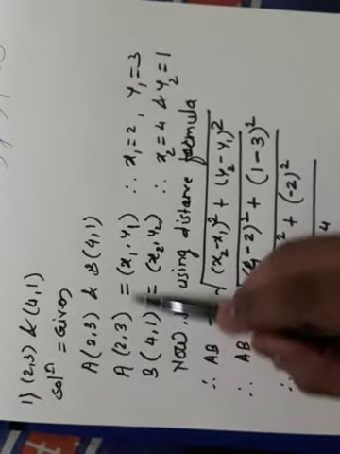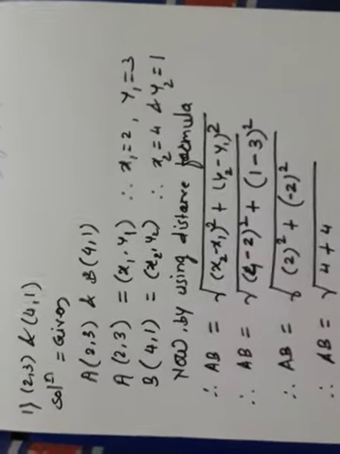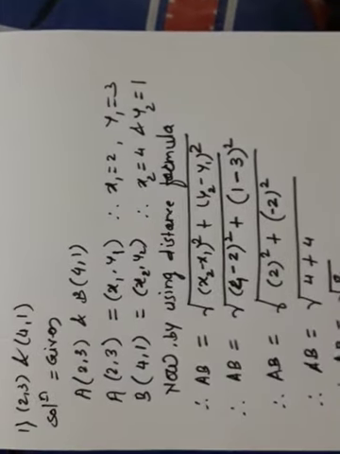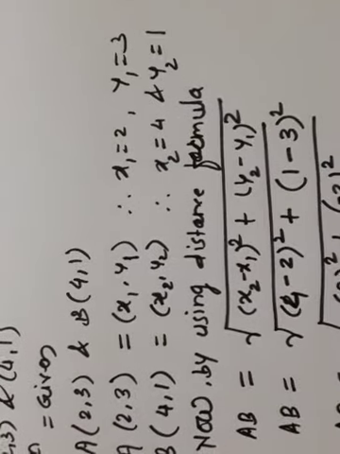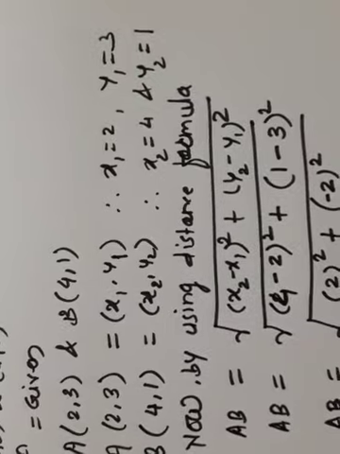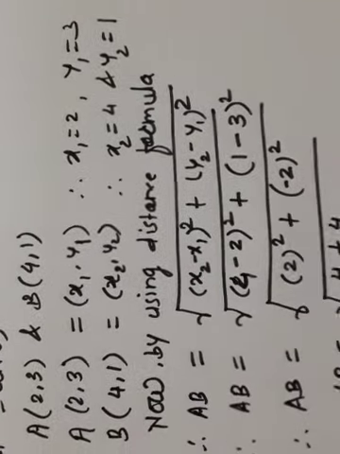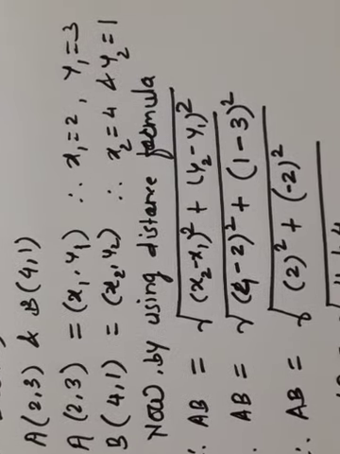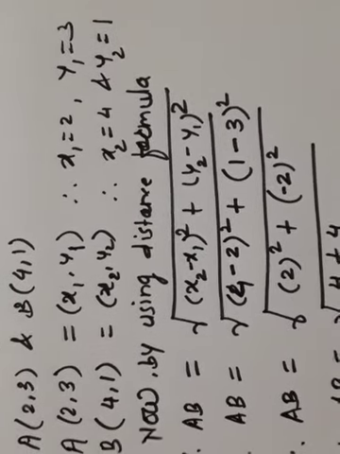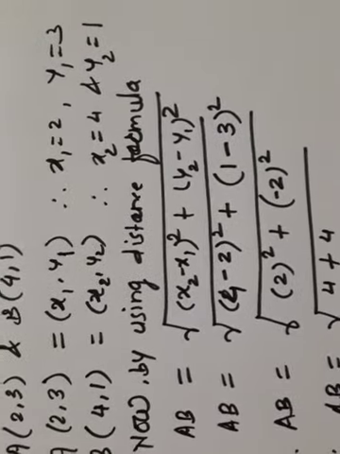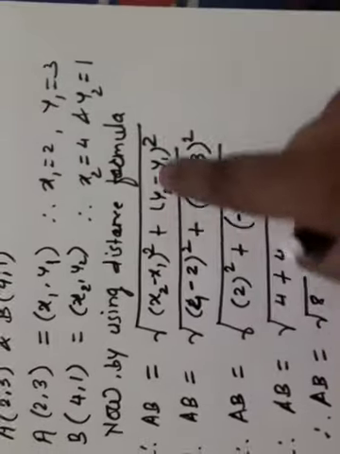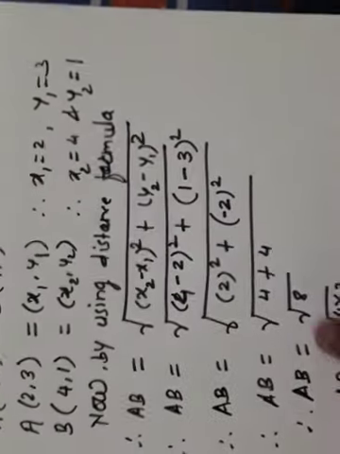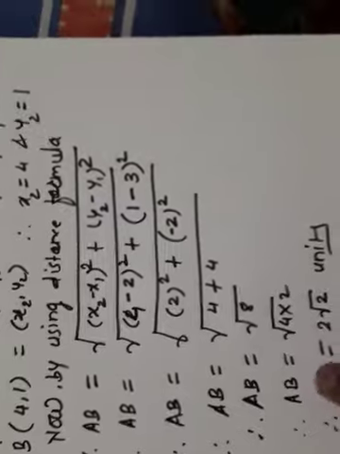I have written here A as x1 y1, with x1 equal to 2, y1 equal to 3. Then B is x2 y2, with x2 equal to 4, y2 equal to 1. Then using the distance formula I kept only the values of x2 and x1, y2 and y1. While solving I got root 8.